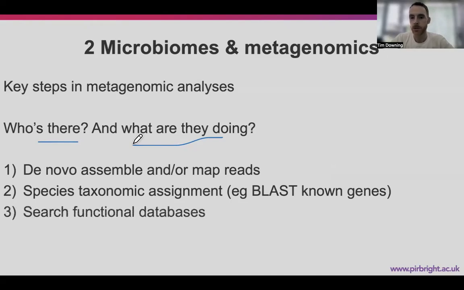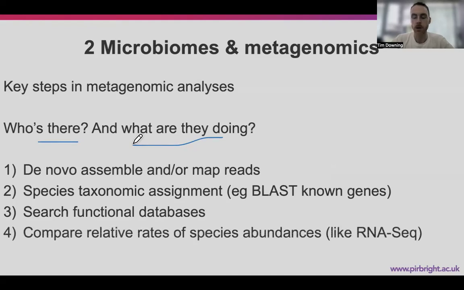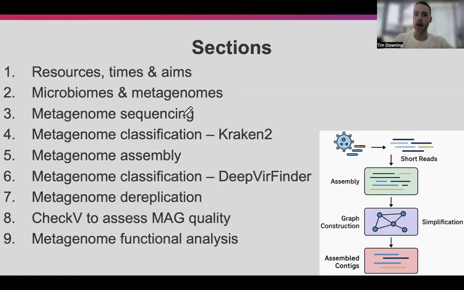We can search functional databases that are relevant to our virus. And we can also look at the relative abundances, which conceptually is similar to RNA-seq as well, in that we're not just thinking about the sequences that are present, but the relative level of the different sequences too, which is the same as looking at transcriptional abundance in RNA-seq. So that brings us through these steps for an introduction to viral metagenomics. Please see the next video on metagenome sequencing.